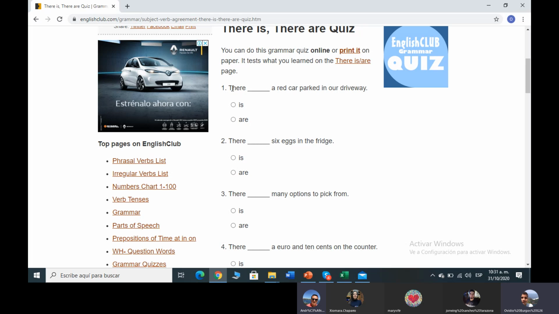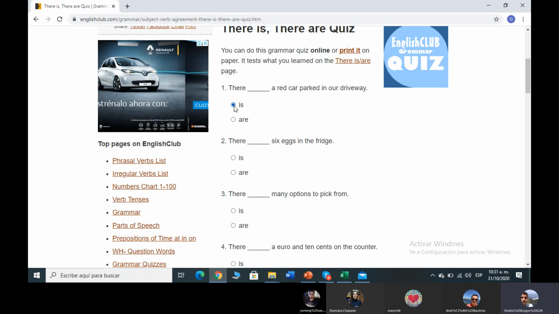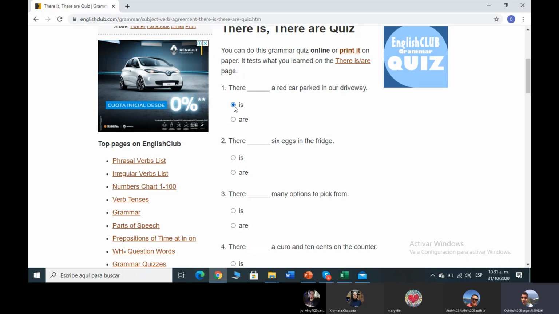The correct is there is a red car parked in our driveway. There is. Okay, Andres, very good. Does anyone disagree? ¿Alguien está en desacuerdo? I agree, teacher.